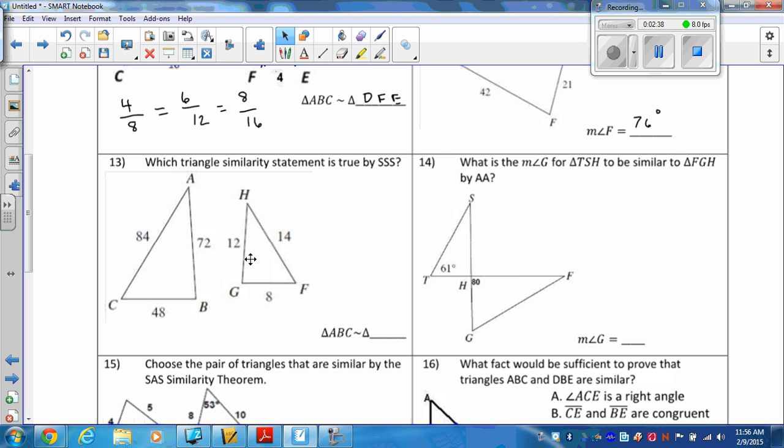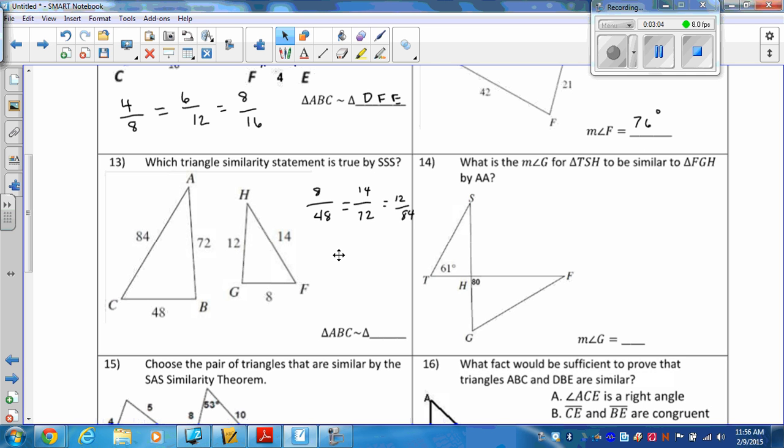So again, these triangles are similar if they are in proportion. So the shortest side is 8, and the shortest side is 48. The middle side, or the one in the middle, is 14:72, and the longest is 12:84.